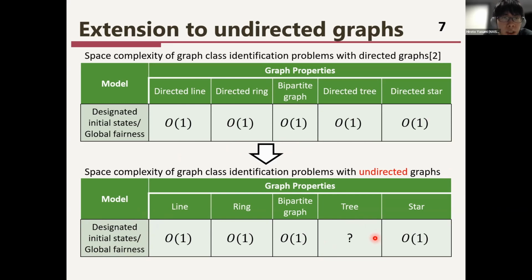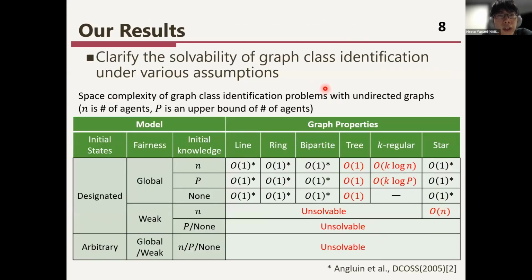So in our research, we clarify the solvability of the graph class identification for undirected graphs under various assumptions. So this is our results. I'll explain these results later. First, I'll explain these assumptions.